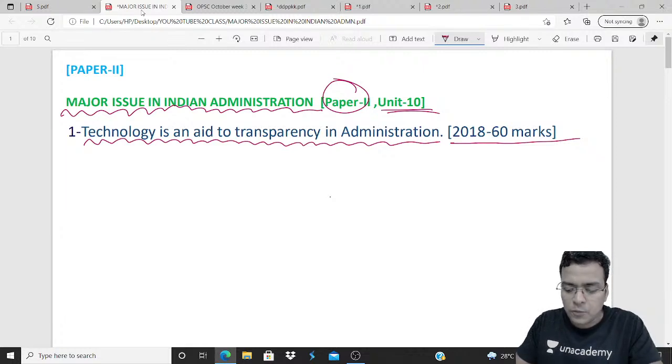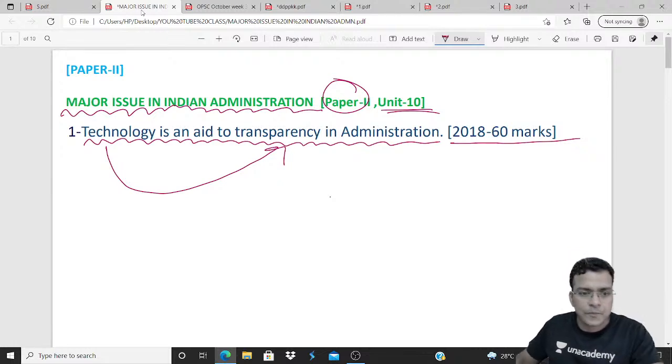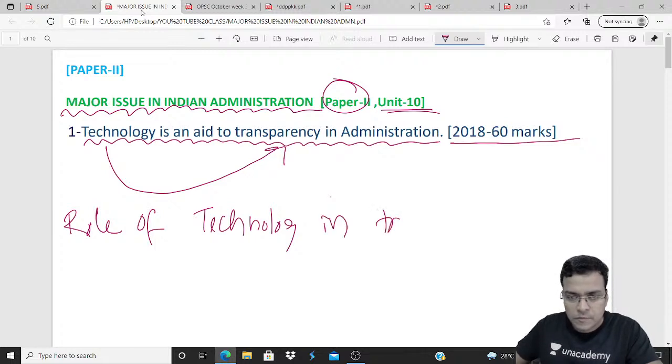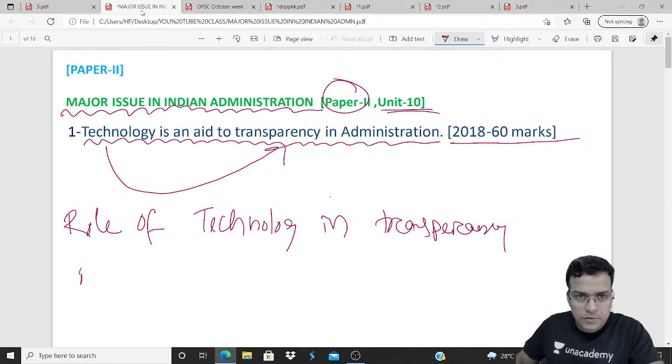Okay, technology is an aid to transparency in administration. So, the role of technology in increasing transparency in Indian administration.